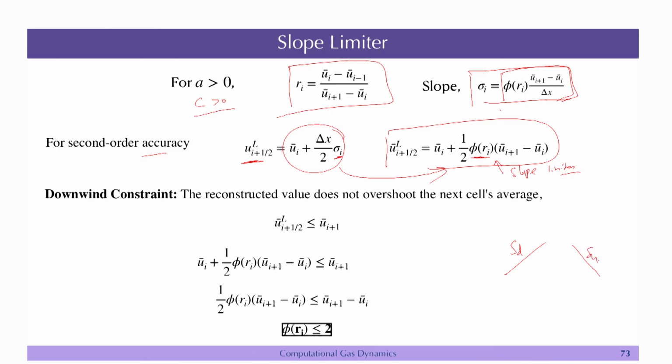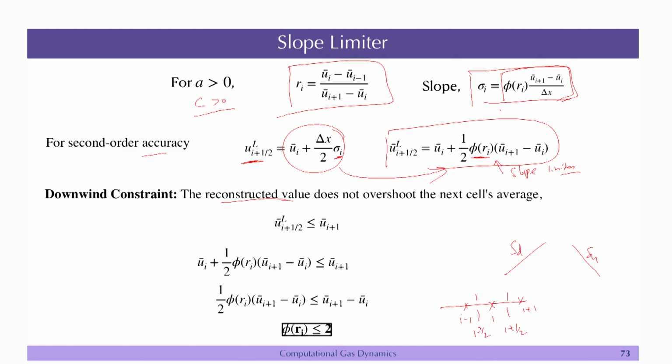Okay. So, there are two constraints. So, if you have this is I plus 1 and I minus 1. Okay, there are two constraints that it needs to follow in order to stay monotonic, or in order to follow the TVD. One is that the reconstructed value that you are getting. So, you have I, and you will have I plus half, and you have I minus half. Okay.